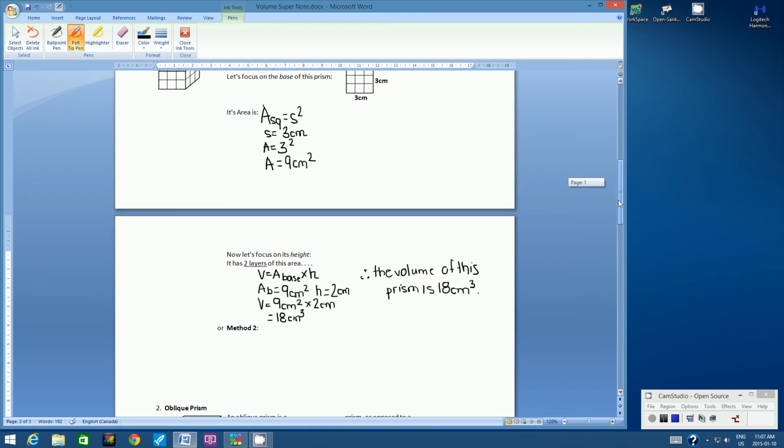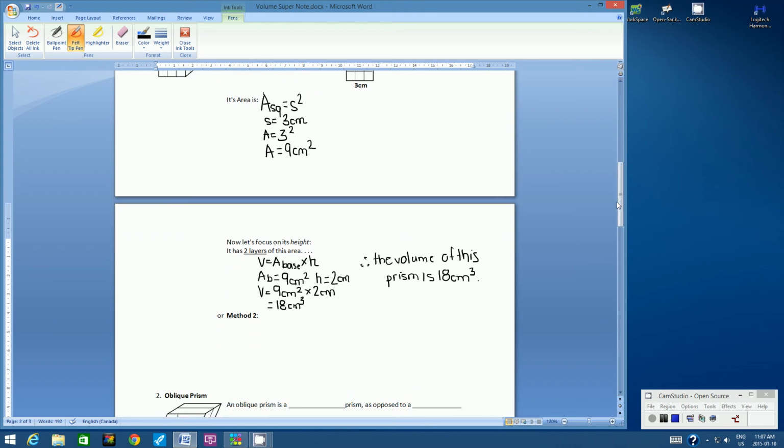Method 1 is most helpful when we are already given the area of the base. In this case, we calculated the area just so that we would go through all the steps. Method 2 is a more direct approach if you don't know the area of the base.